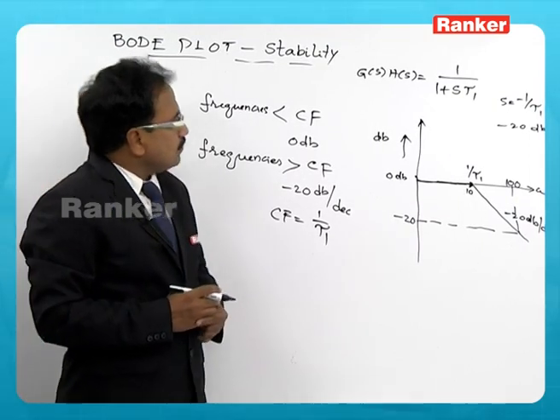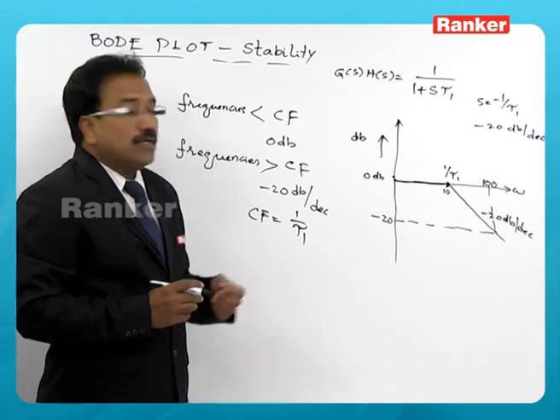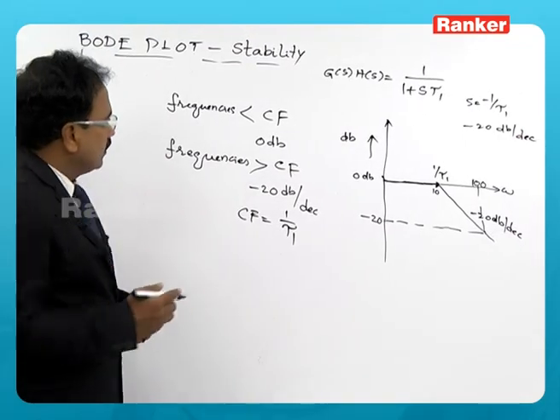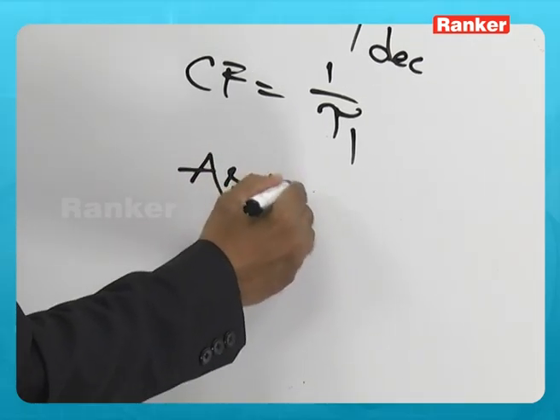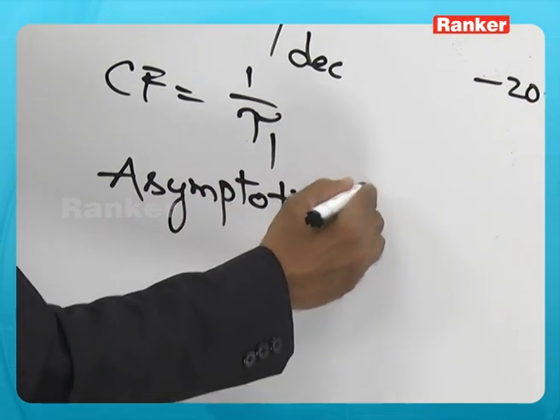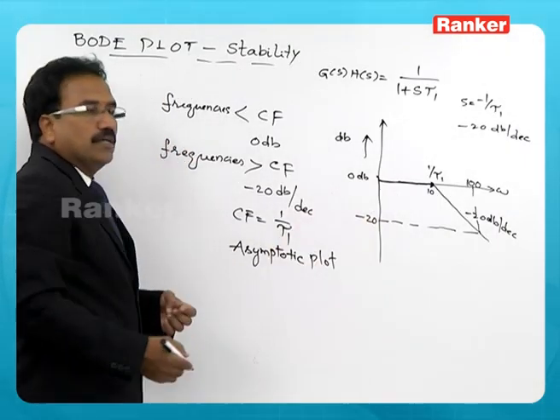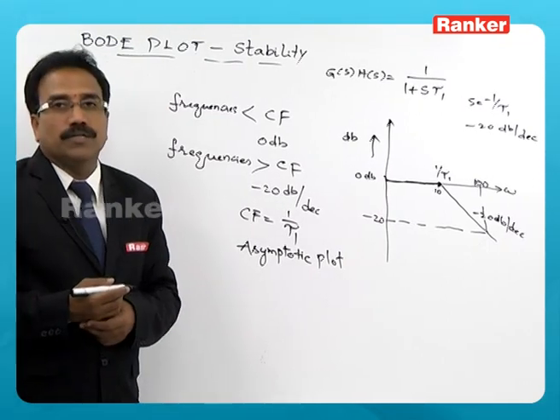Now, this magnitude plot is also known as the asymptotic plot. It is nothing but an approximate plot. This is not the exact plot.